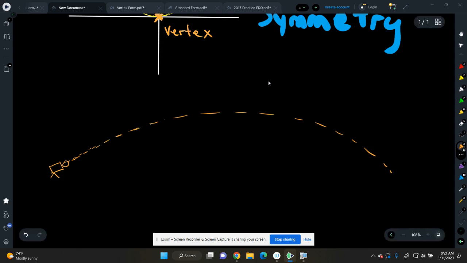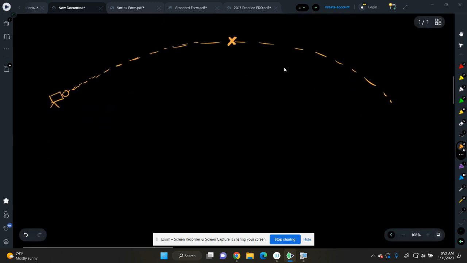Learning about parabolas is so important because if we can identify the vertex, then we know the maximum height of this object, right? If I'm kicking a football, if I'm trying to kick a field goal, that's going to be a projectile.